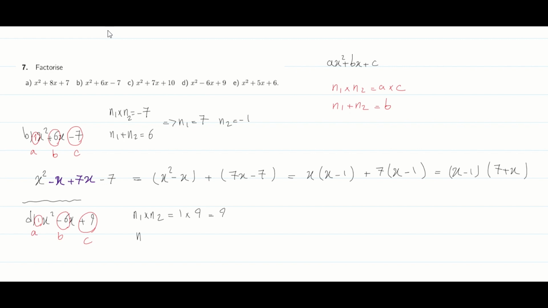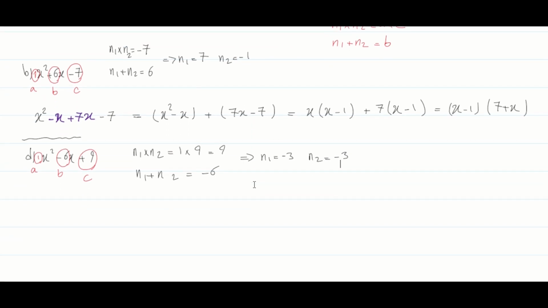And our summation should be equal to negative 6. So obviously those two numbers would be negative 3 and negative 3 itself. Because if you multiply negative 3 by negative 3, it would be equal to plus 9. And if you add them up, it would be equal to negative 6.